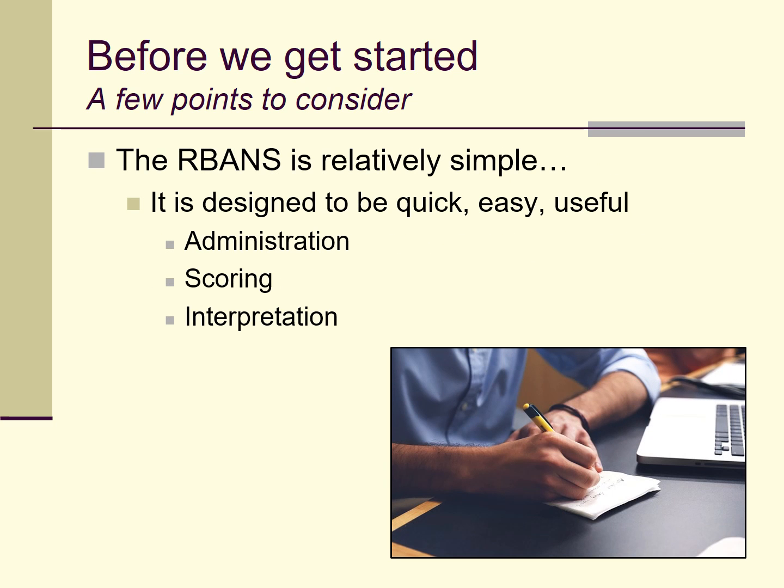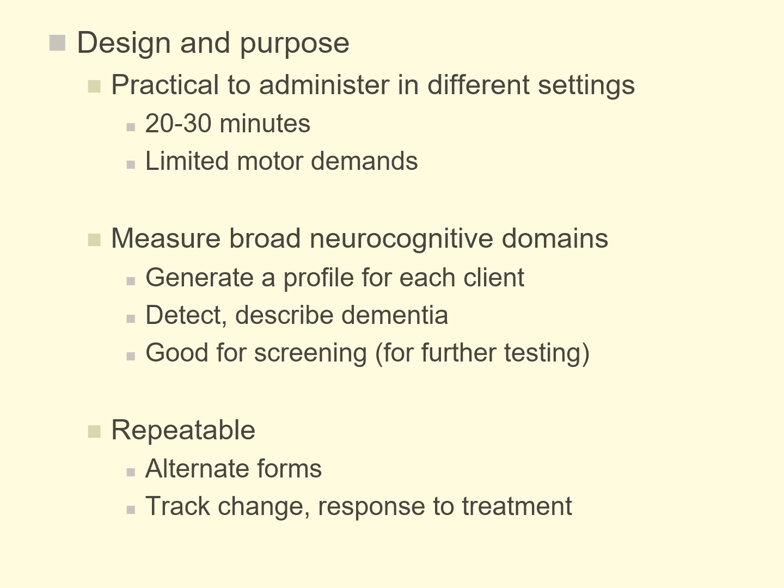So again, it's relatively simple, and by simple I mean it's designed to be quick, easy, and useful to administer, to score, and to interpret. It's designed to take about 20 or 30 minutes to administer, and to have relatively limited motor demands.